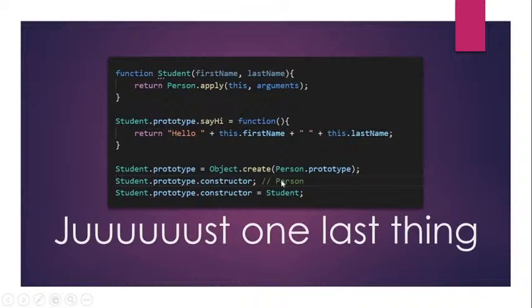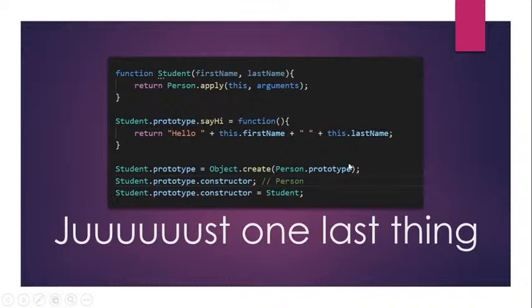But in this case, it's the person that we are talking about. Okay, so Object.create doesn't assign this whole .constructor thing to the student. So what we can do is manually assign student.prototype.constructor as student, so that it's back in its place and it won't matter in any way what we're about to do. Okay, and this is one last necessary step in inheritance.